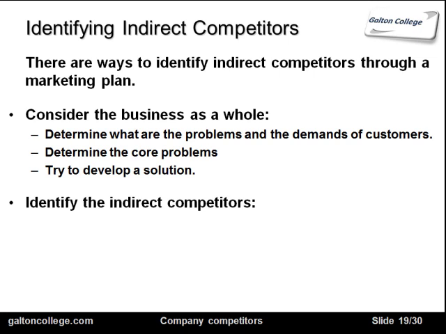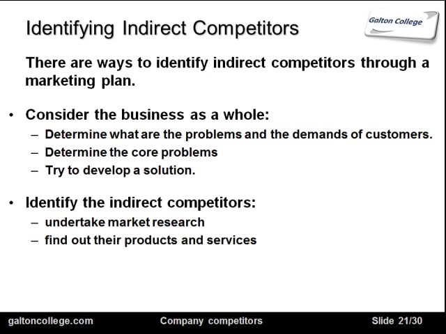Now, identify the indirect competitors. Well, undertake market research. That's one obvious way of trying to find out who they are. Find out their products and services. See how closely related they are to the company's product. Find out the price, obviously, how much is the product in the marketplace.